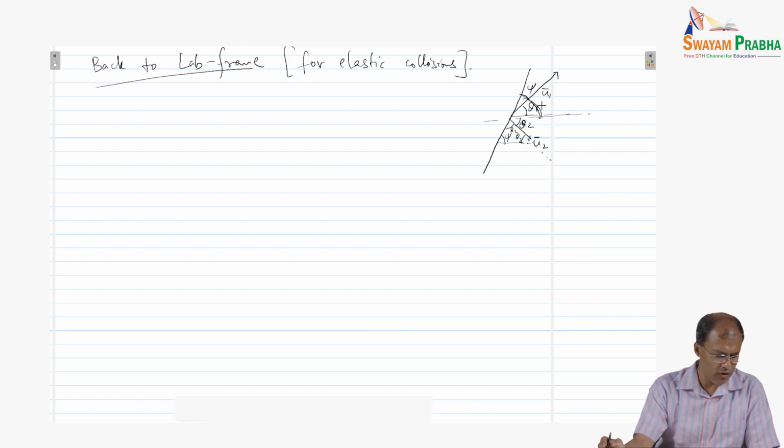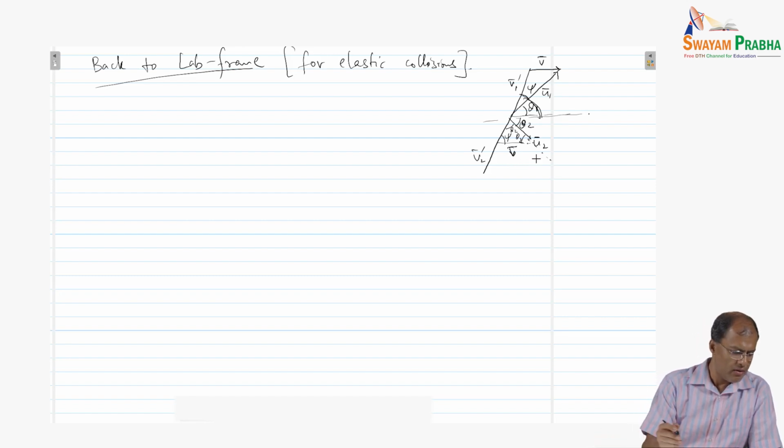The velocities are v1 prime after collision and v2 prime, and v1 prime is v bar, and here we have v bar, right? And that is it. So let us look at the observations in the lab frame.